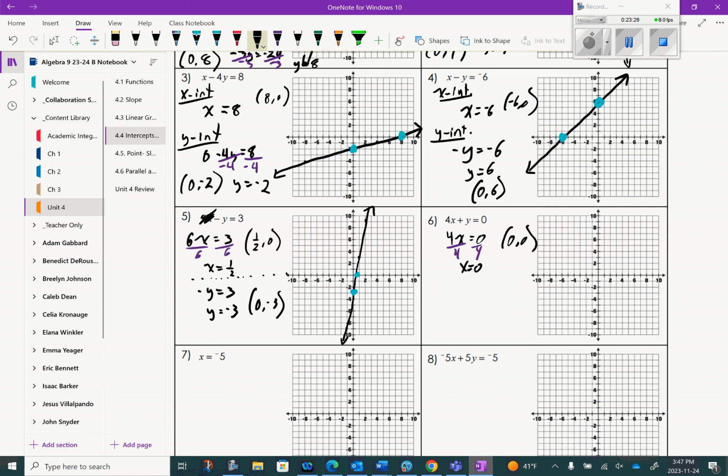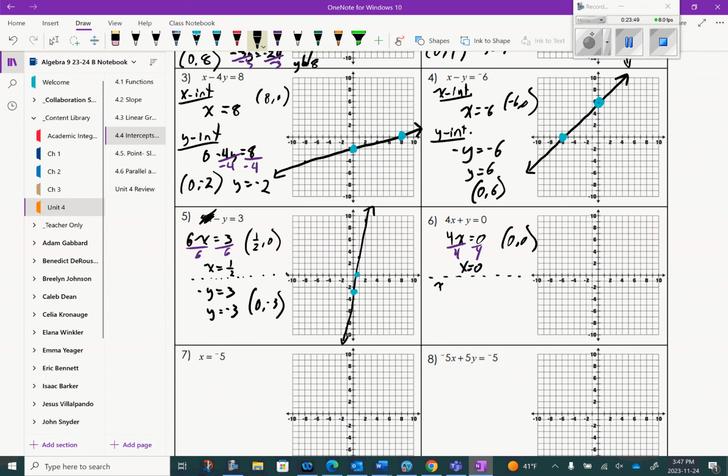Again, for the x-intercept, what's the x-coordinate when y equals 0? Well, in this case, y is 0 and x is 0. That means it goes through the origin. 2 points determine a line, not just one.